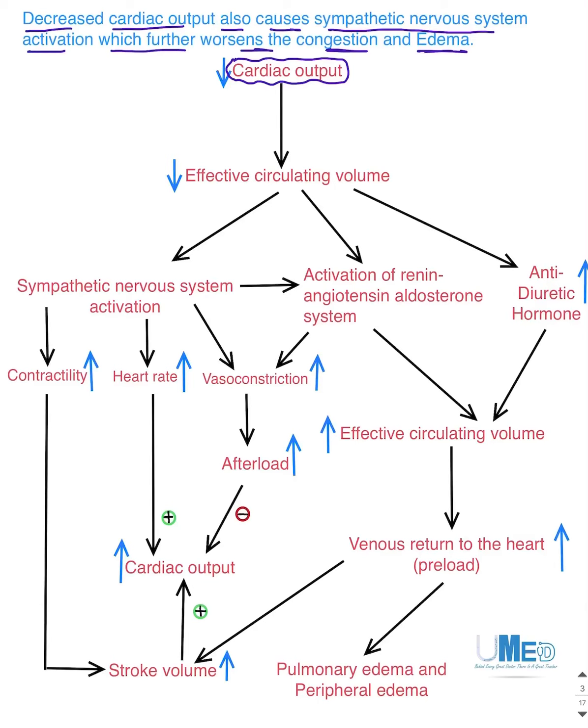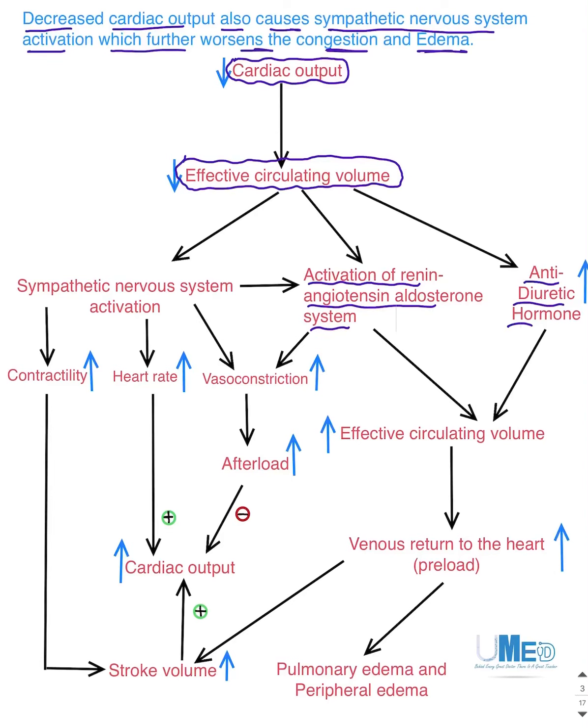So when the cardiac output decreases, there is decreased effective circulating volume. Obviously, when the cardiac output is decreased, less blood is pumped into the aorta and the effective circulating volume decreases. This causes the activation of the renin-angiotensin-aldosterone system and the release of antidiuretic hormone.